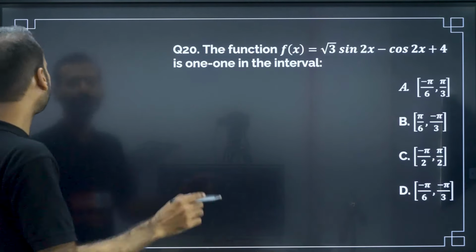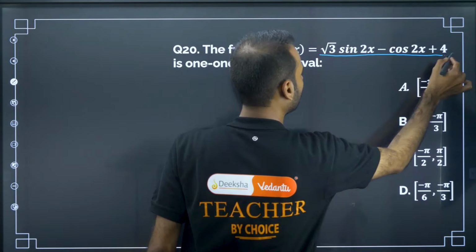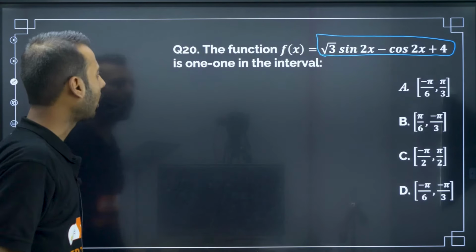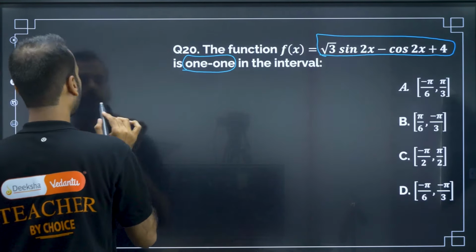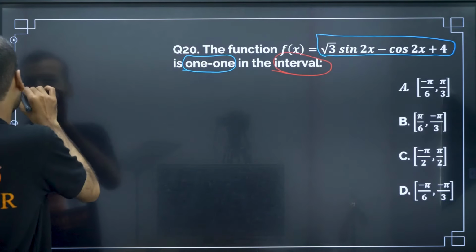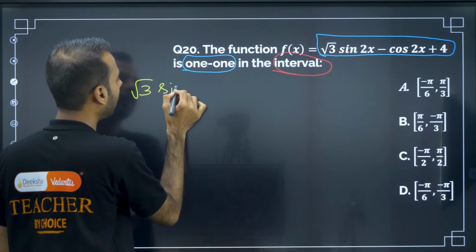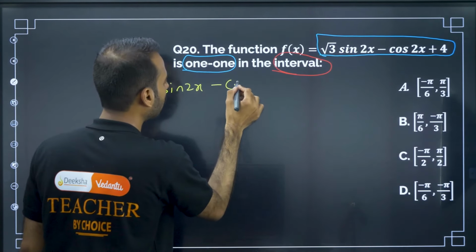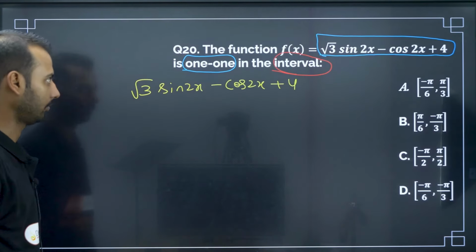They have given some function f, and they are saying that it is 1-1 in an interval. What are they asking? In what interval is this function 1-1? So let me write that question. Root 3 sine 2x minus cos 2x plus 4.